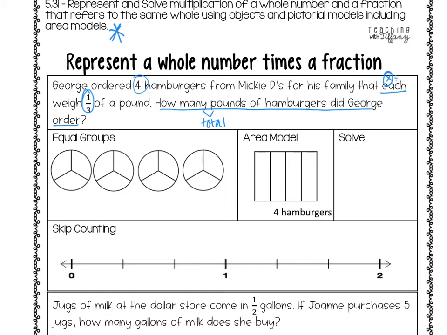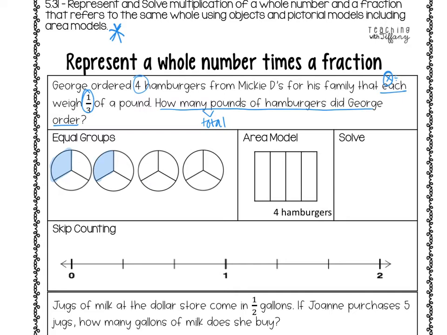So we know that he had 4 hamburgers. We're going to show our 4 hamburgers using equal groups. So the first hamburger weighed 1/3 of a pound. That means we're going to just shade in 1/3 of this fraction. The second hamburger also weighed 1/3 of a pound, so we're going to shade in that 1/3.